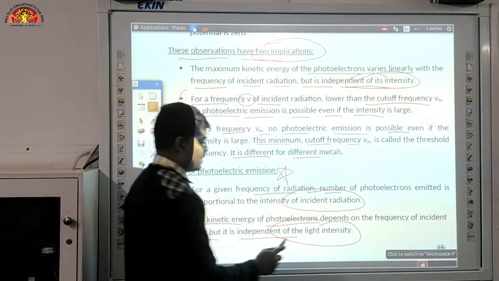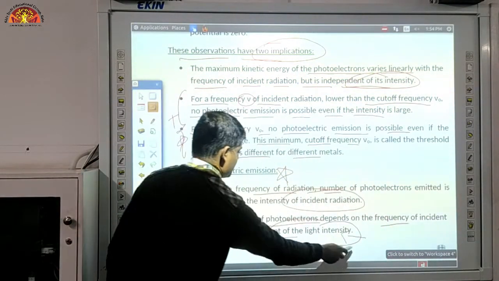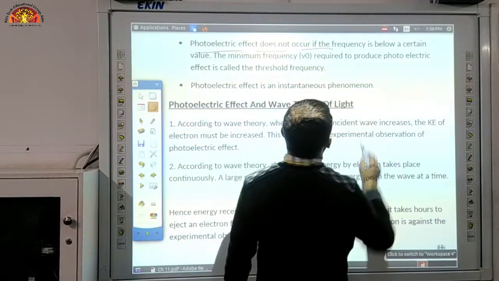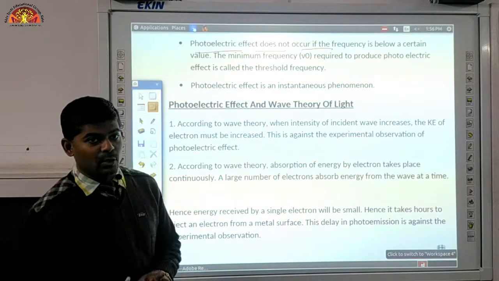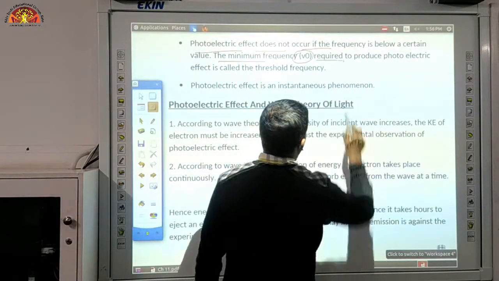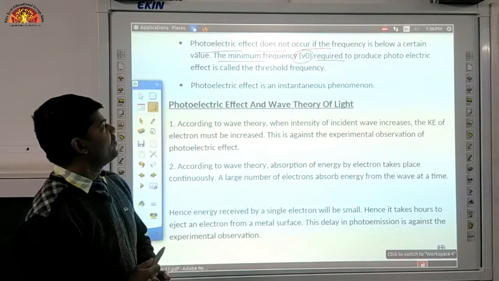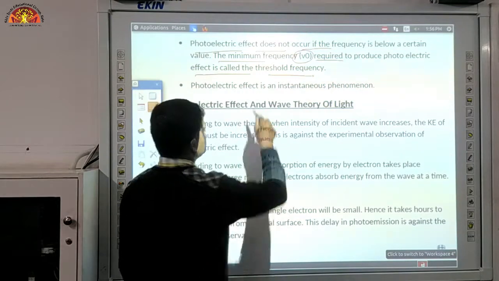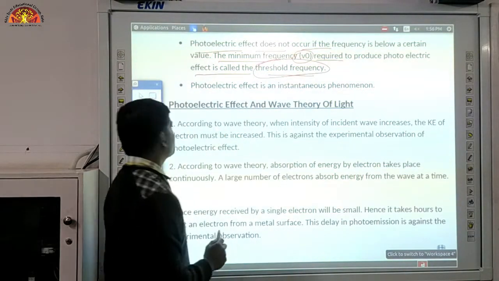It means it depends on frequency but not on intensity. Now the photoelectric current does not occur if the frequency is below a certain value, and the minimum frequency mu naught is required to produce the photoelectric effect, and this is called the threshold frequency. You have to learn this term.